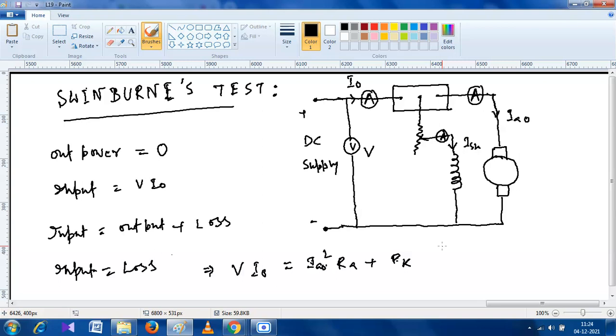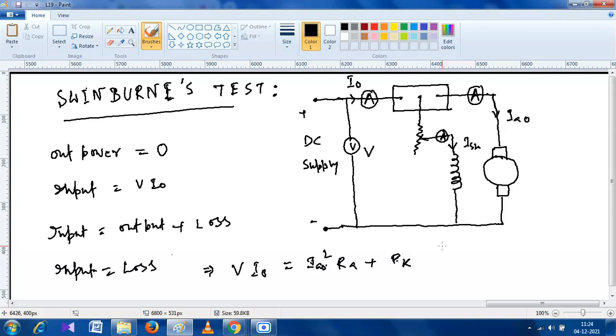देखिए, इनपुट कितना है? The input is V into I zero is equal to loss. There are two types of losses available. One is called variable loss, another is called constant loss.